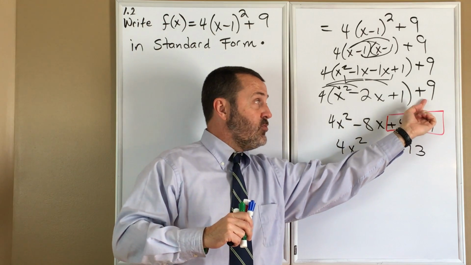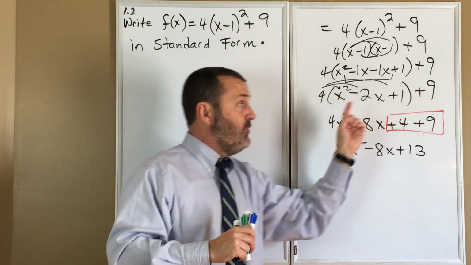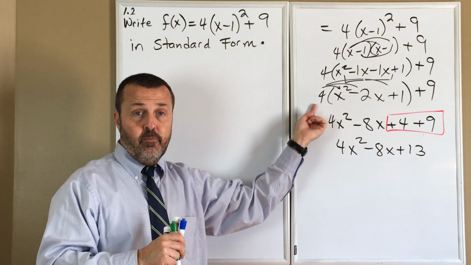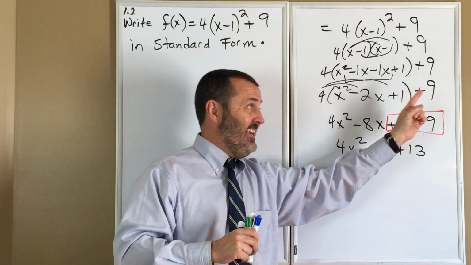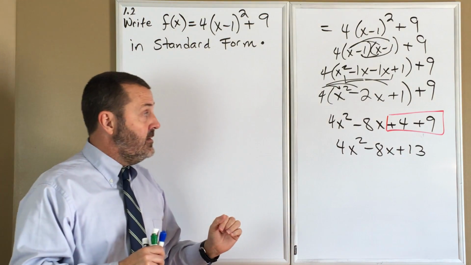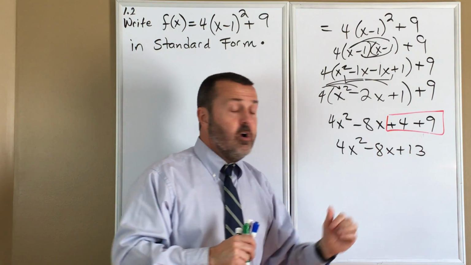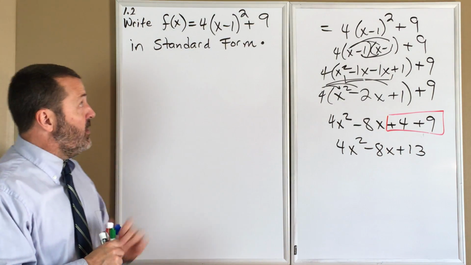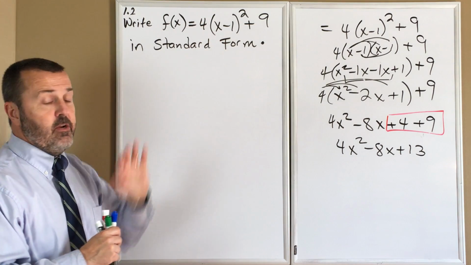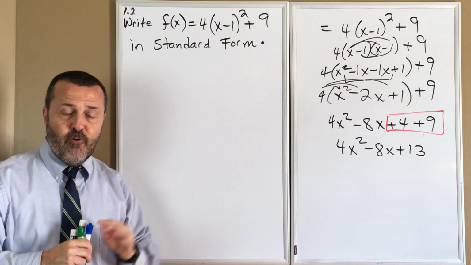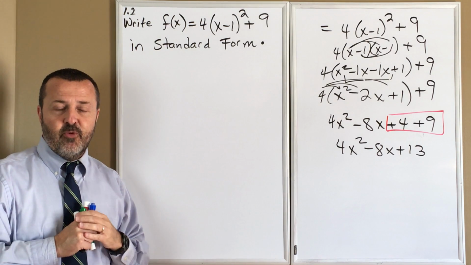We said to ourselves we can't add because we first have to multiply the 4 through. The 4 is multiplied through each of the 3 terms, not the 9. And then we finally realized that 4 plus 9 is 13. So we wrote the vertex form in standard form. And that is the fourth and final part of lesson 1.2.